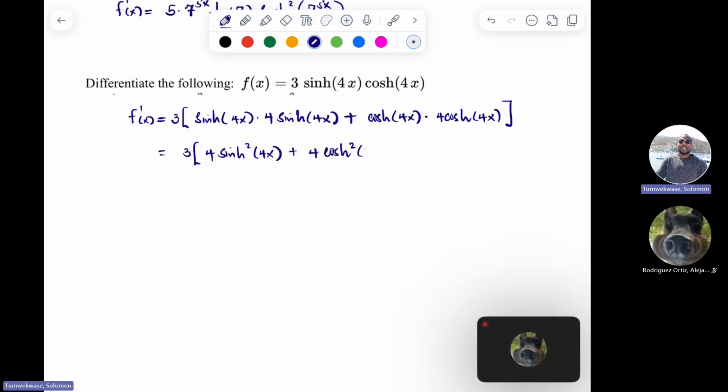So this is 3 into 4 sine hyperbolic squared of 4x, and then plus 4 cosine hyperbolic squared of 4x, and I can write this as 12 into sine hyperbolic squared of 4x, then plus cosine hyperbolic squared of 4x.